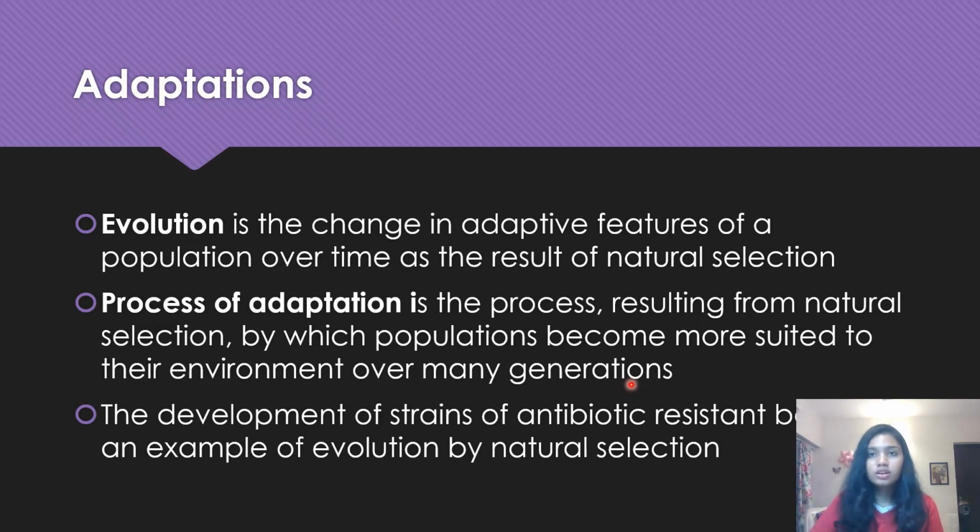Natural selection is the process by which irrelevant or useless alleles basically get opted out of the genetic code. I will show you how. This is an example: the development of strains of antibiotic resistant bacteria is an example of evolution by natural selection.